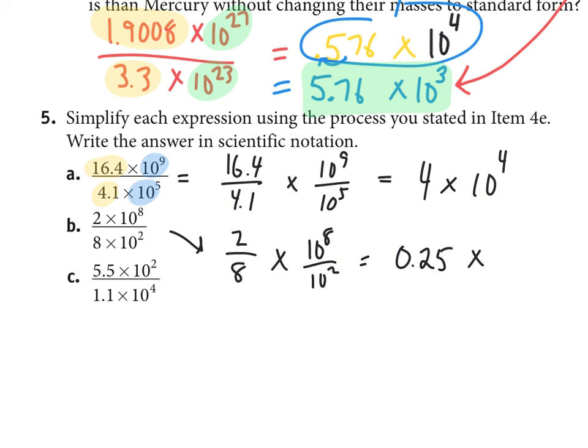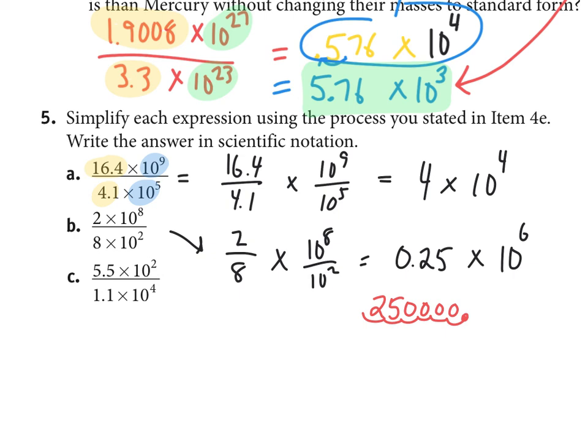And subtracting the exponents on the 10s, 10 to the 8 minus 2, or 10 to the 6th. Now this one we do need to adjust a little bit because our factor of 0.25 is not between 1 and 10. If you want, you can always change it to standard form. We're going to move the decimal place 6 times to the right. So 1, 2, 3, 4, 5, 6. So you would have 4 zeros there.